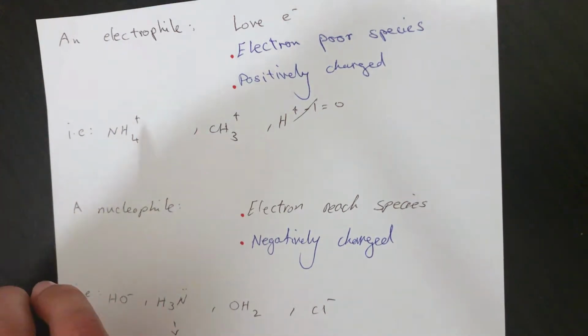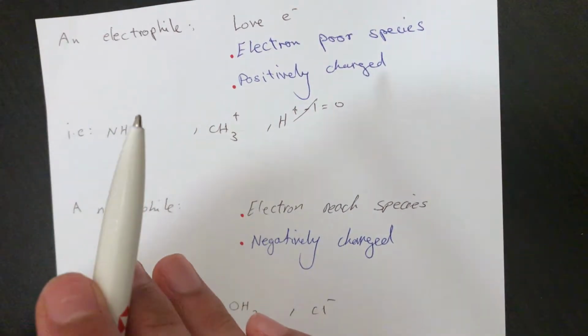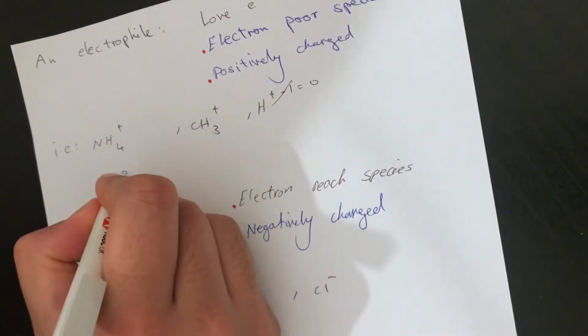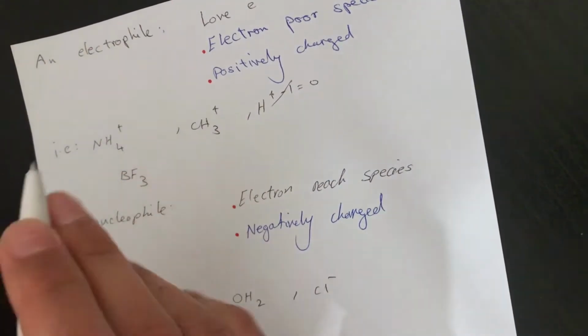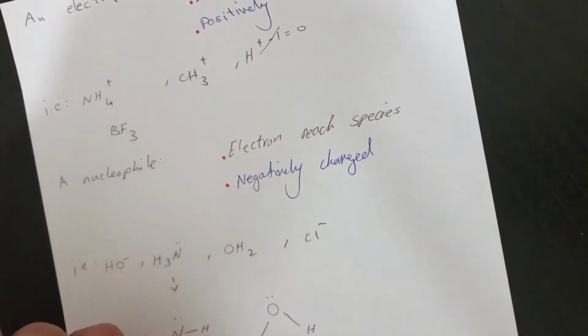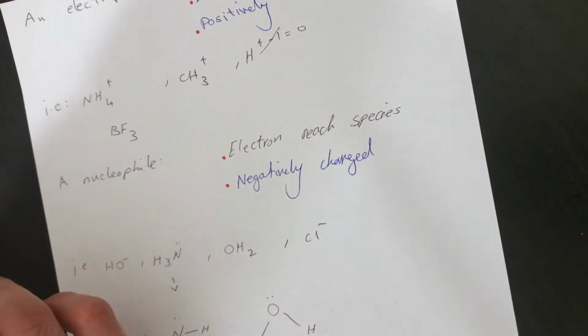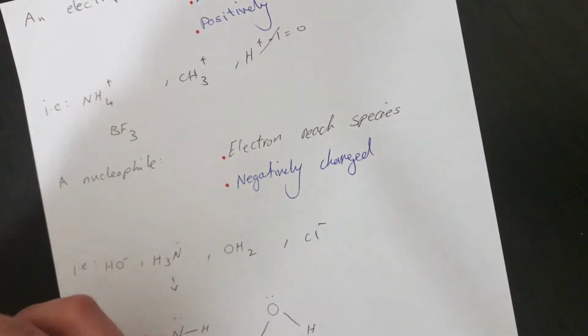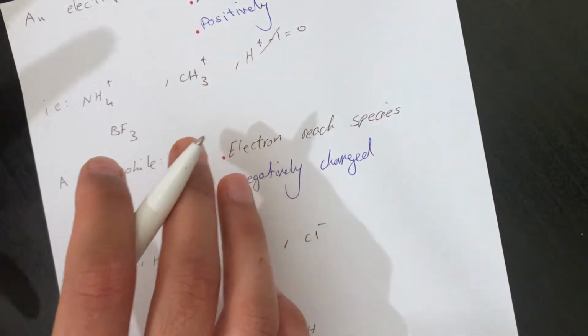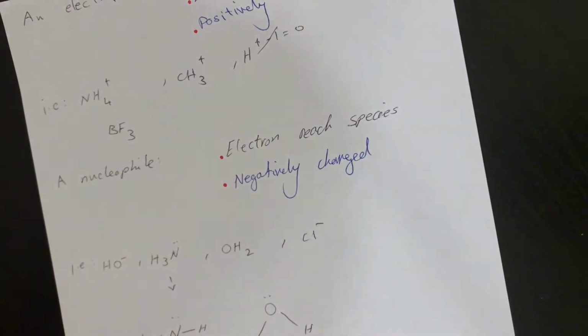However, in some rare cases, you may see neutral. For example, we may see BF3, which is neutral, but is mostly positively charged. So therefore, making reactions by getting electrons from other molecules, this loves to get electrons.